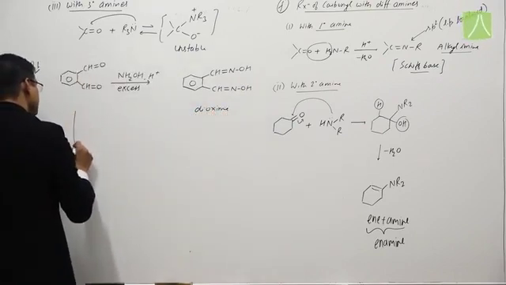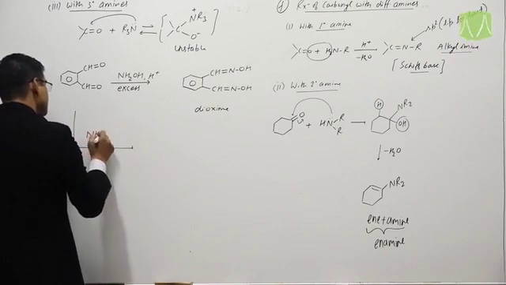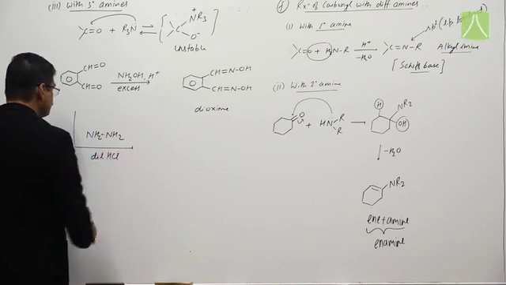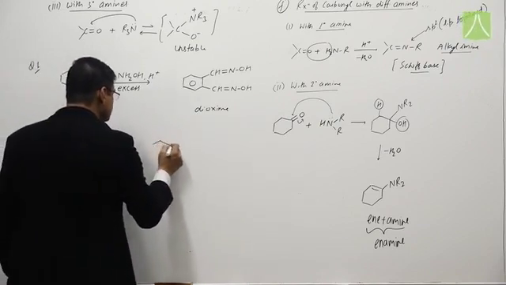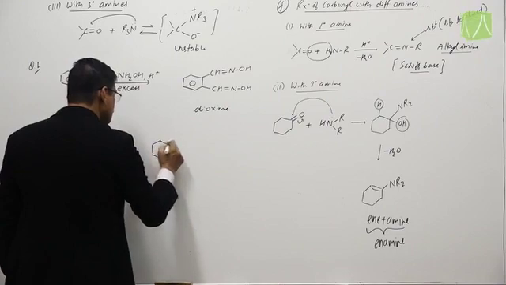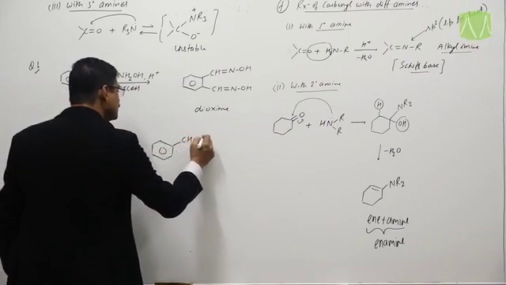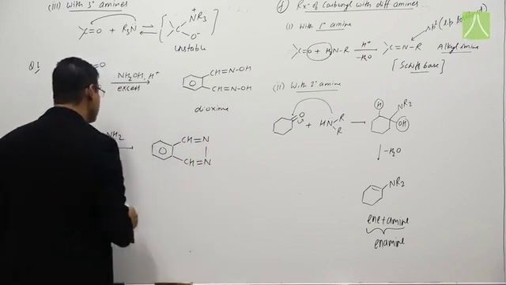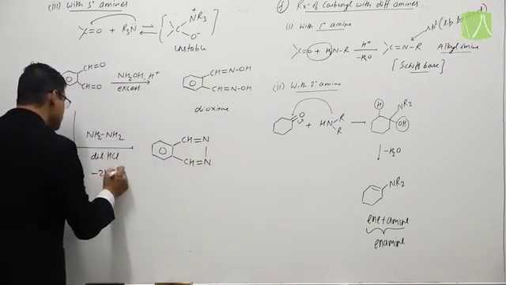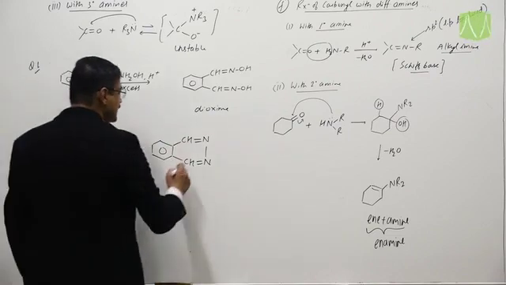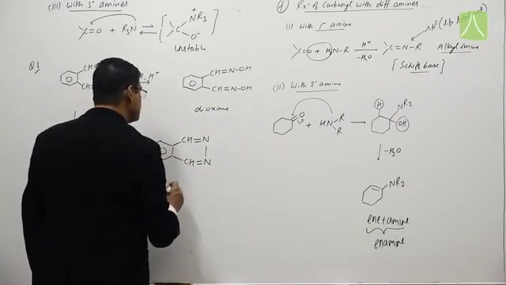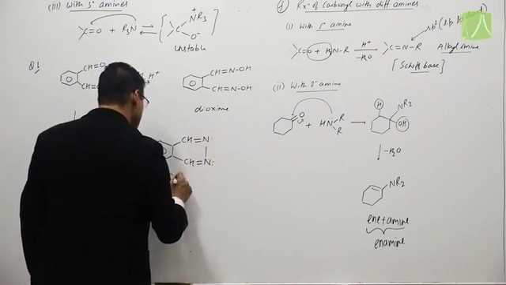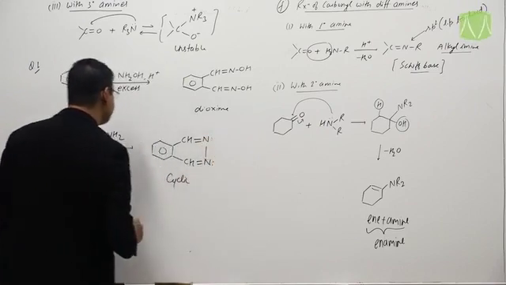But in the same question, if I take hydrazine, then both nitrogens react simultaneously with this. 2 water molecules are removed. So this is a cyclic compound, cyclic and aromatic. Both lone pairs are localized, and this is a cyclic product.